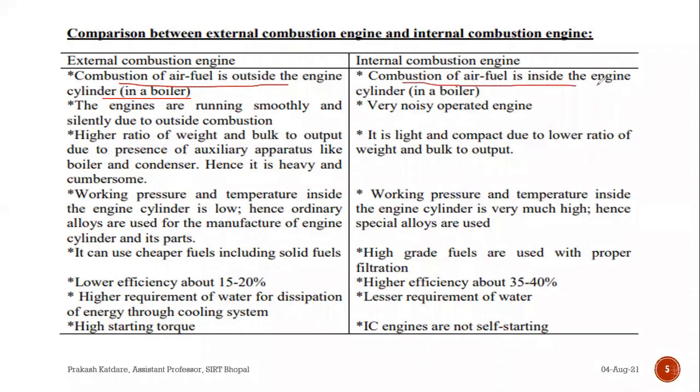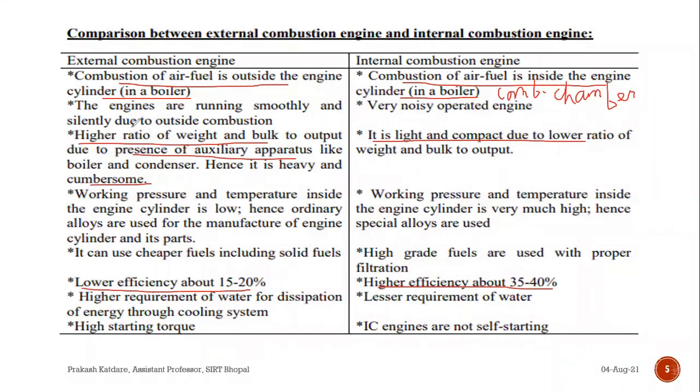While in an internal combustion engine, the combustion is taking place inside the engine cylinder, that is our combustion chamber. The internal combustion engine is light and compact, while the external combustion engine is very heavy and bulky due to the presence of auxiliary apparatus. So it is very cumbersome. The efficiency of an external combustion engine is low, while an internal combustion engine has very high efficiency.